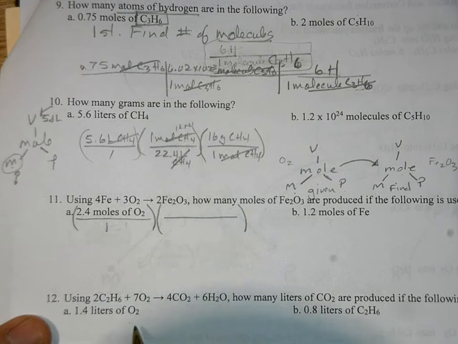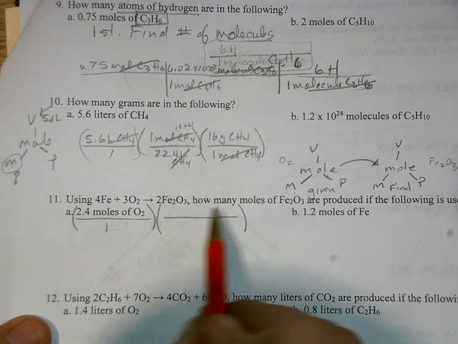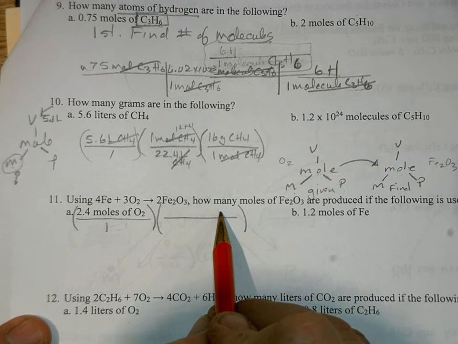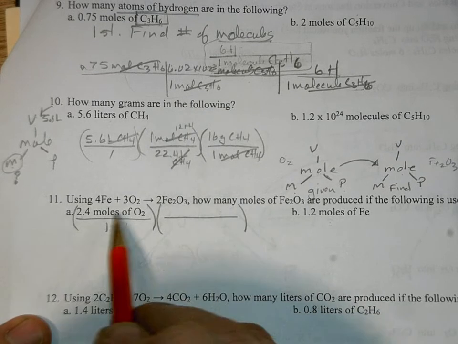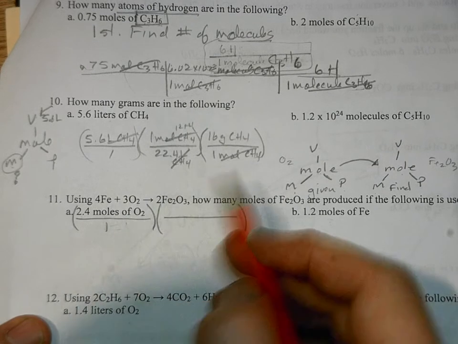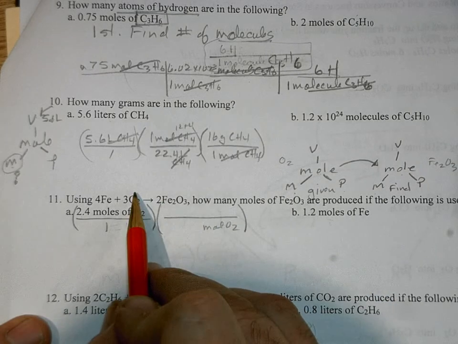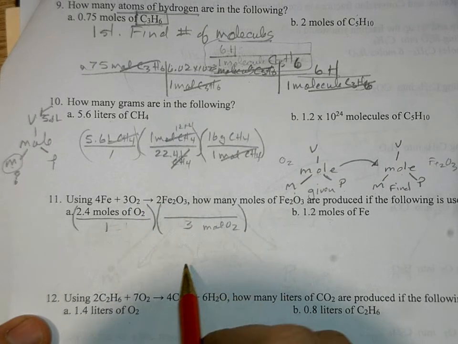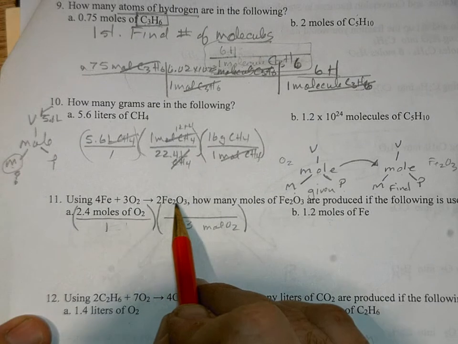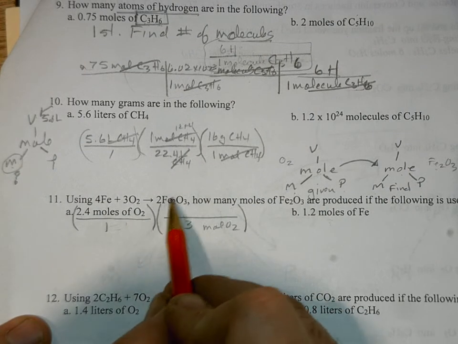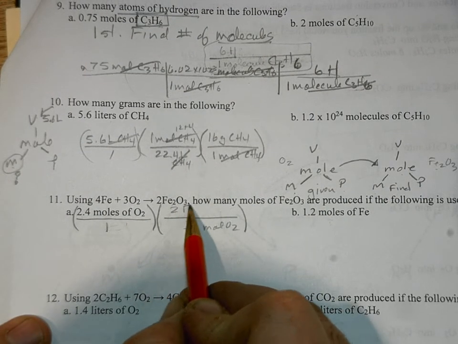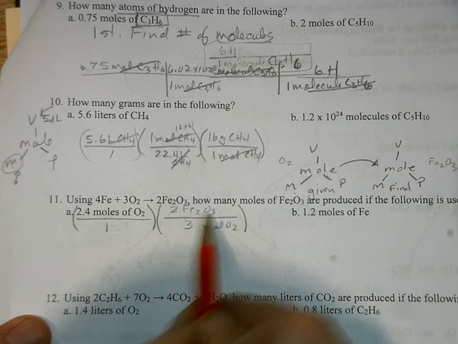If you forget, the mole-to-mole ratio involves putting the moles of what you're trying to find over what you started with. Take a look here. We've got to cancel off this, so I'm just going to put moles of O2. In this balanced equation, we have 3 moles of O2. And we're looking for Fe2O3 in this problem, and in the balanced equation, we have 2 moles of Fe2O3.